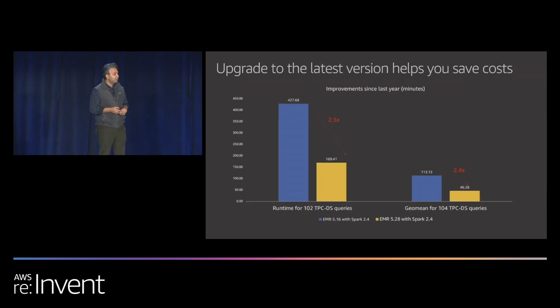Here are a couple of other scenarios. If I look at the total runtime of TPC-DS queries, it has reduced by 2.5x from the previous open source version without the runtime. And when I look at a geo mean, it has also improved significantly. So let's dig into what's happening.